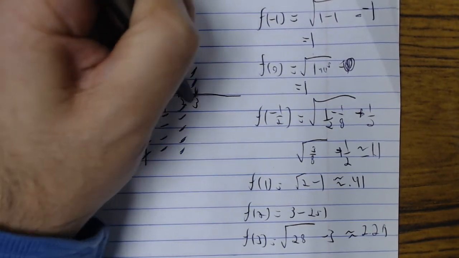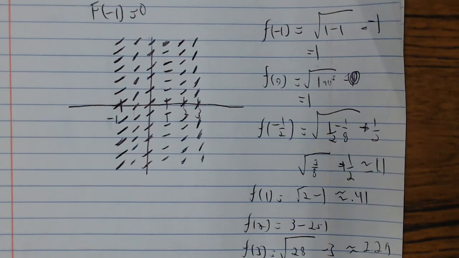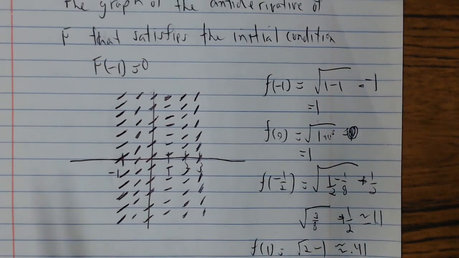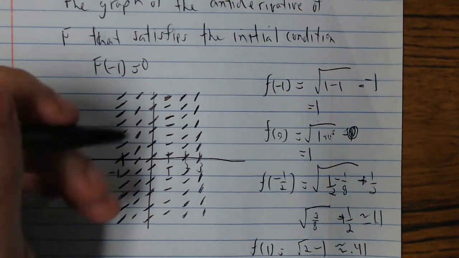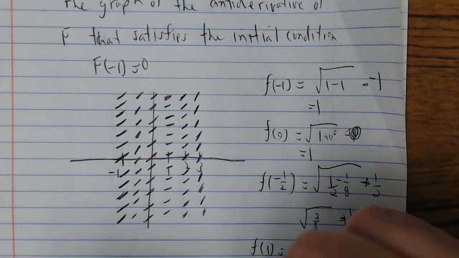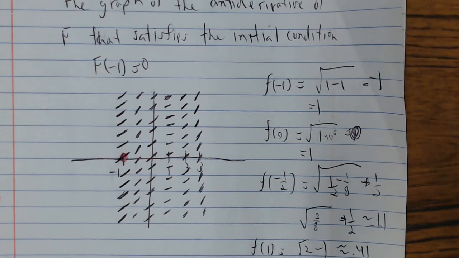So here's the thing. This direction field basically tells you what the shape of the antiderivative should look like. So now this is saying that at x equals -1, my starting point is 0. So if I use a red pen to do this, if I start at 0, what is this saying?